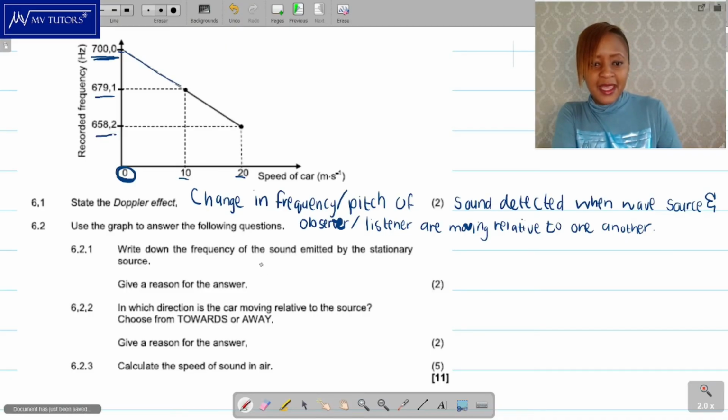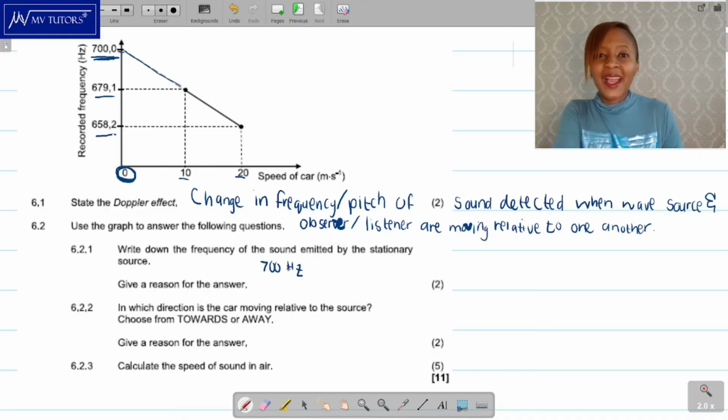Okay, and then they want to know, why do we say that? It is because both the listener and the source are stationary.